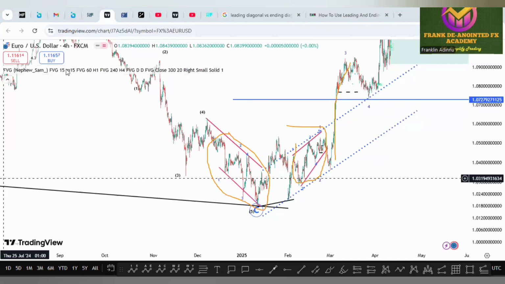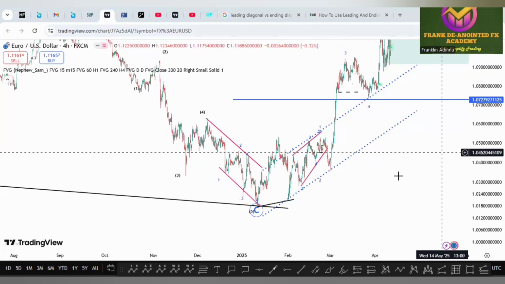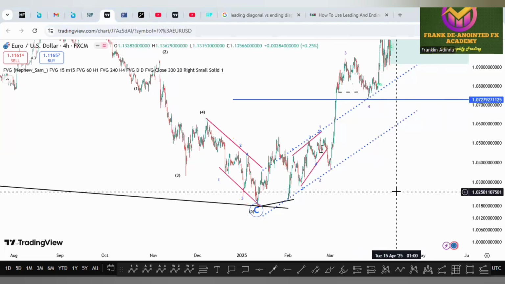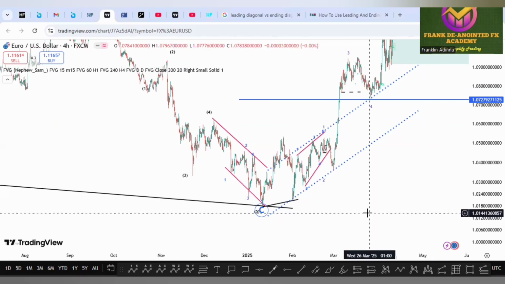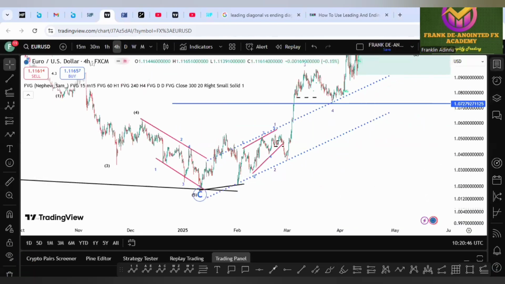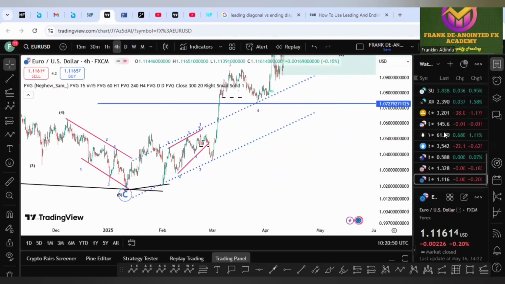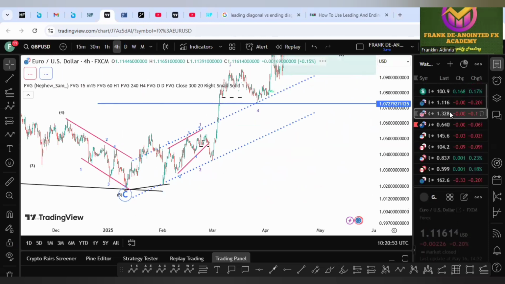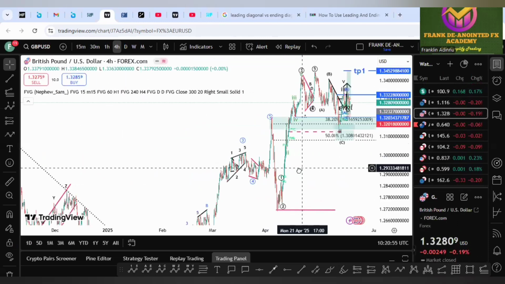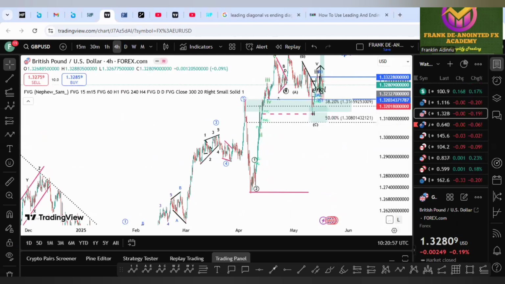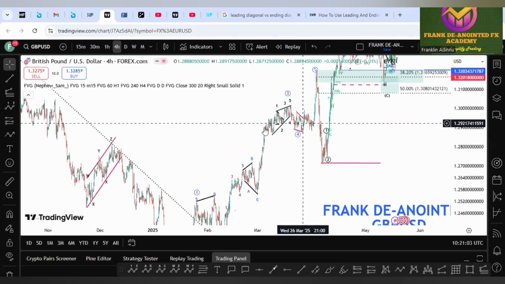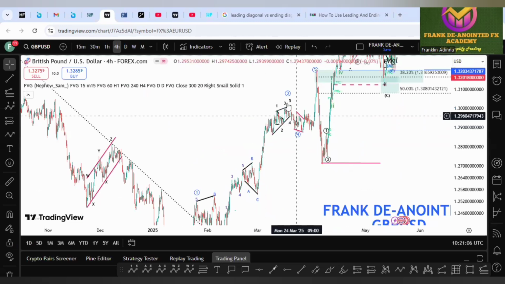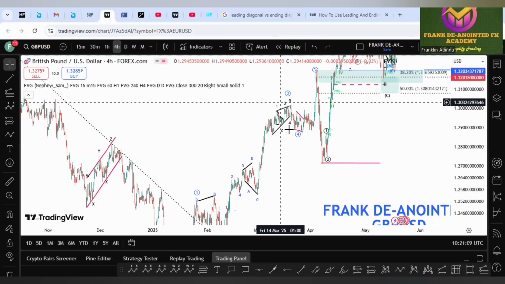Let me look for another pair, for example, the GBP pair. There is a diagonal also, but this is showing the ending of wave 3.